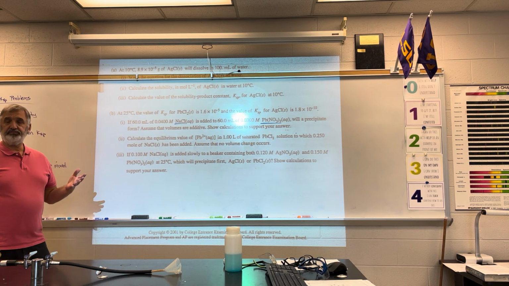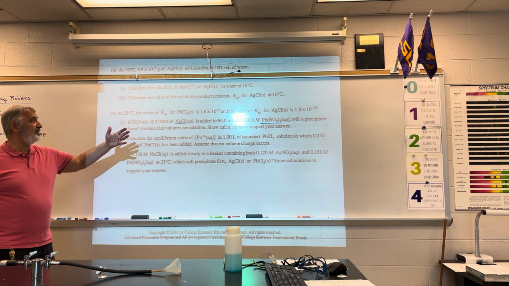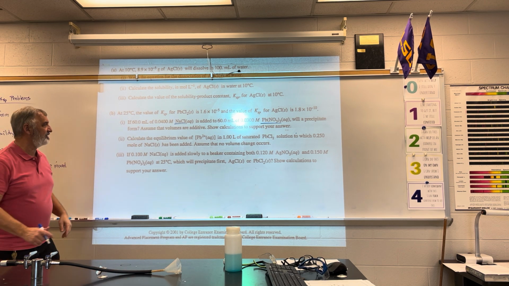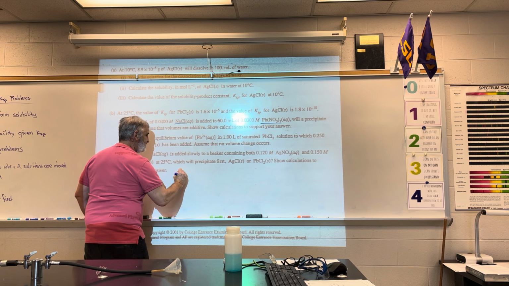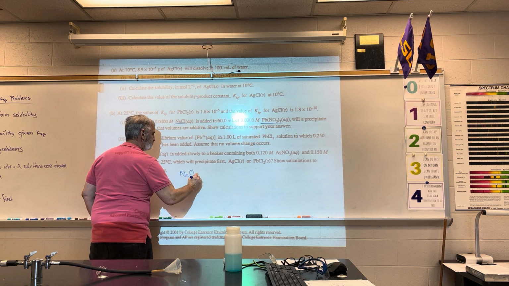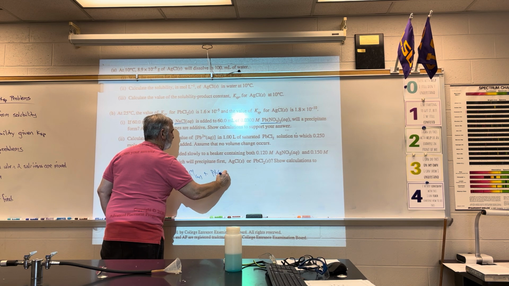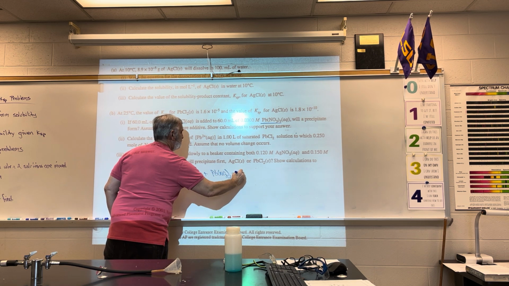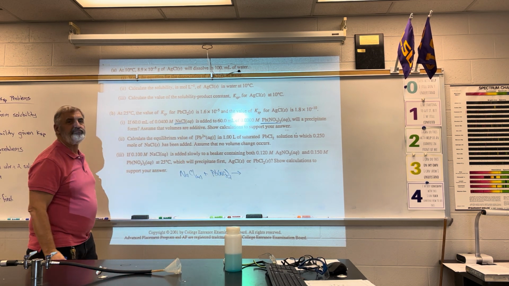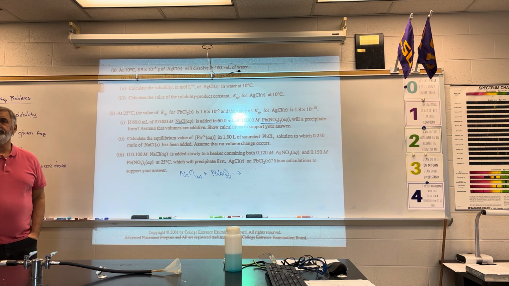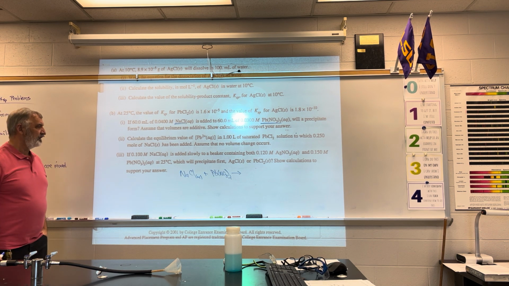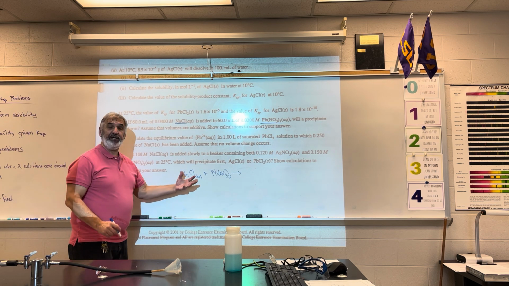Notice none of those products are there, but if I mix NaCl plus Pb(NO3)2 together, what is that going to make? It's a double replacement reaction.